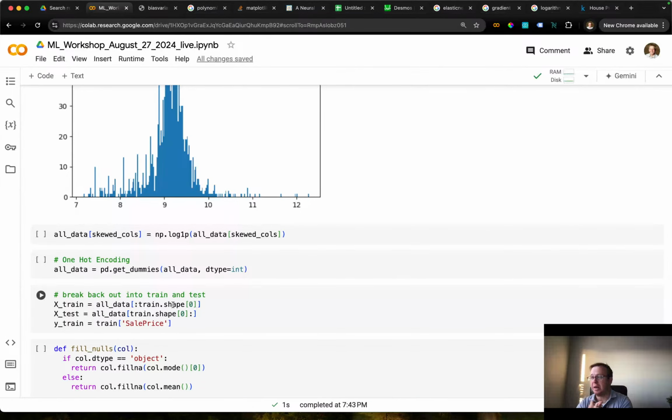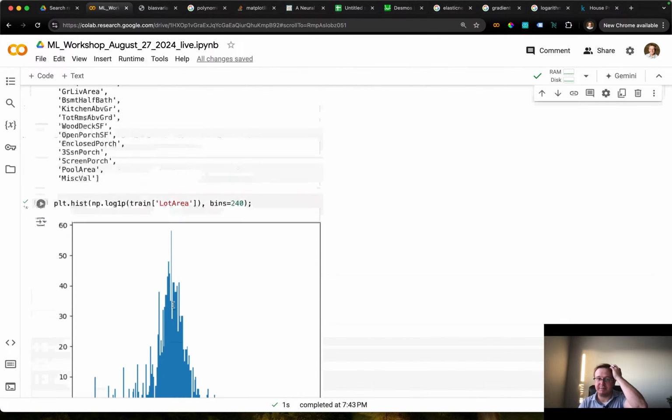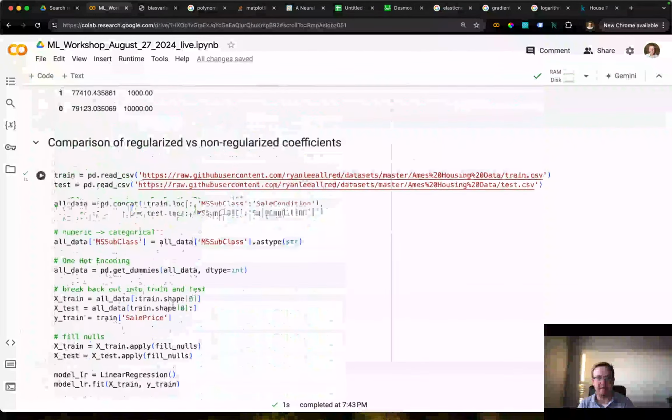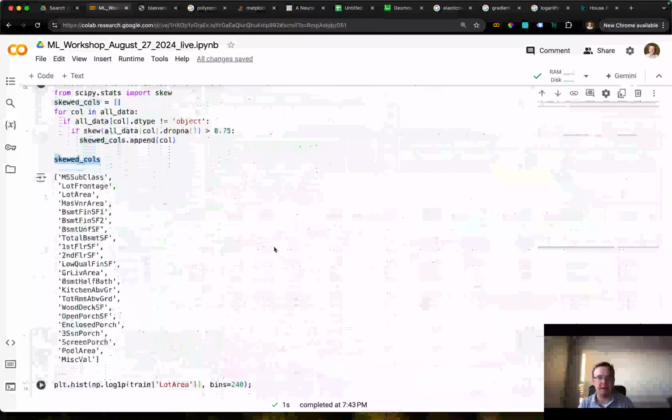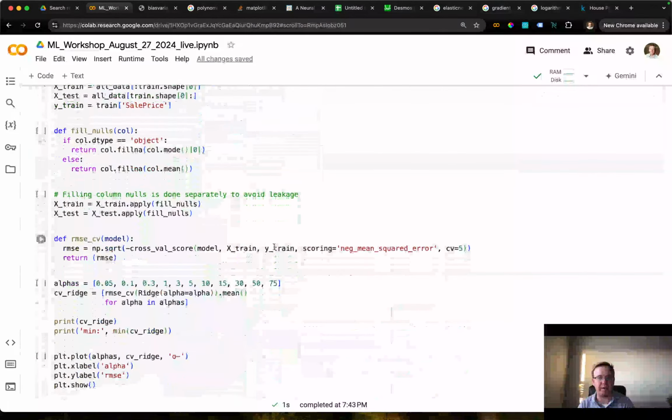So between regularizing the data and controlling for skewness, one-hot encoding, and filling null values with either the mode or the mean, based on if it's a categorical or numeric column, that's really all we're doing to this data set. Okay, so let me show you again. And I think I started over here again.